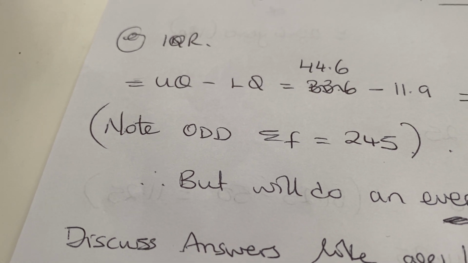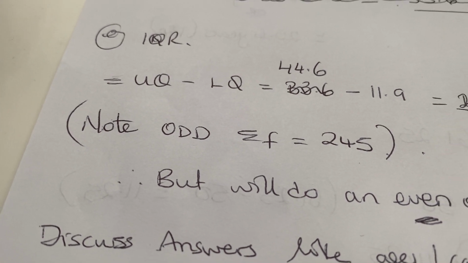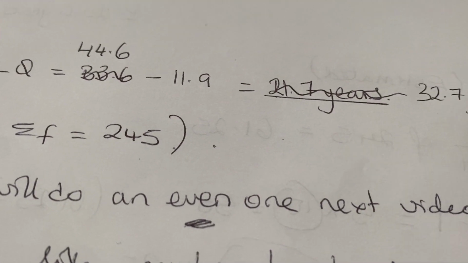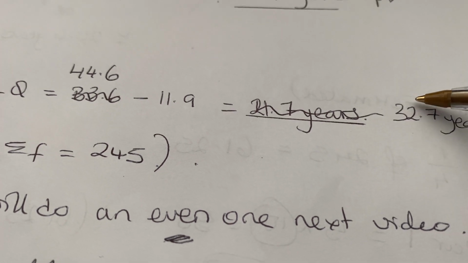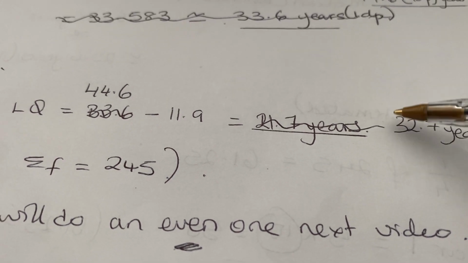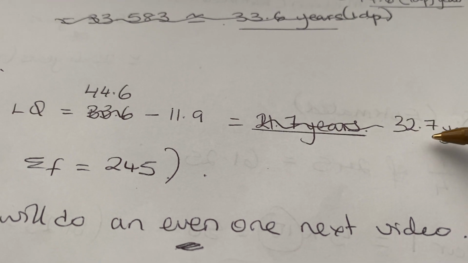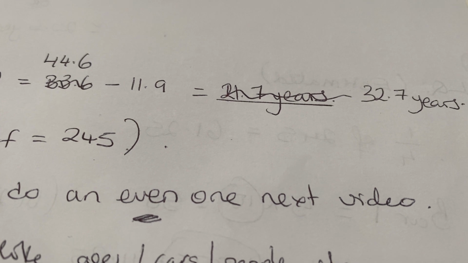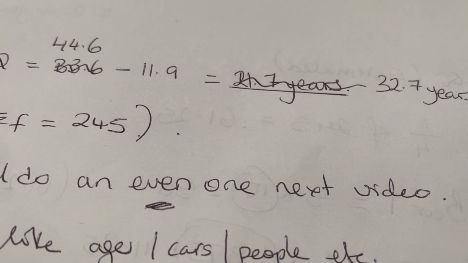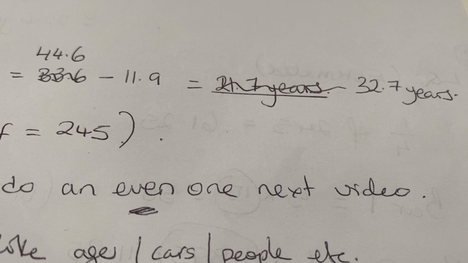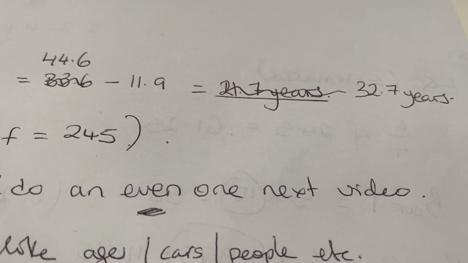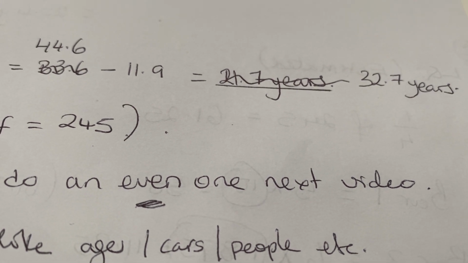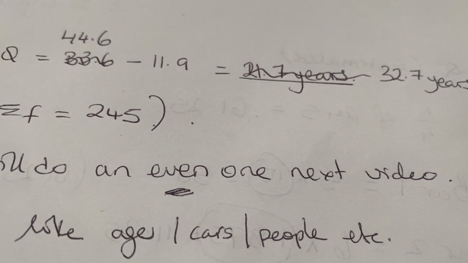It's the ages of people in a community, but assuming it's not age and it is cars, then we have to say here 32.7 will end up being 33 cars approximately. That is why it is estimated. If it's 32.1, we say it's 32, because you can't have 32.7 cars.